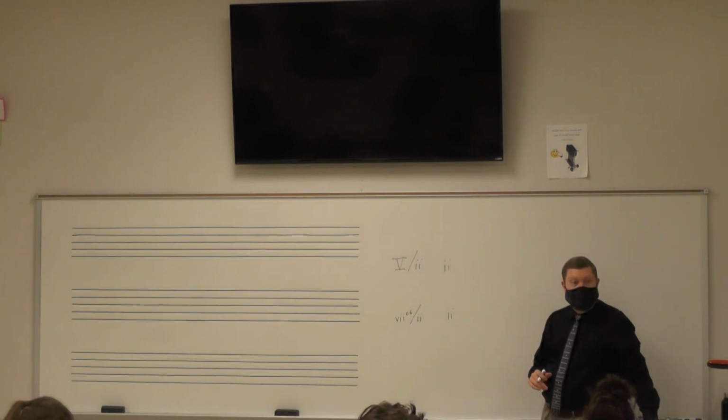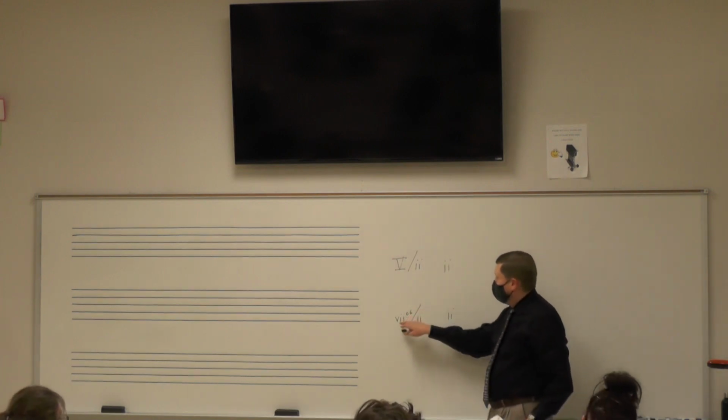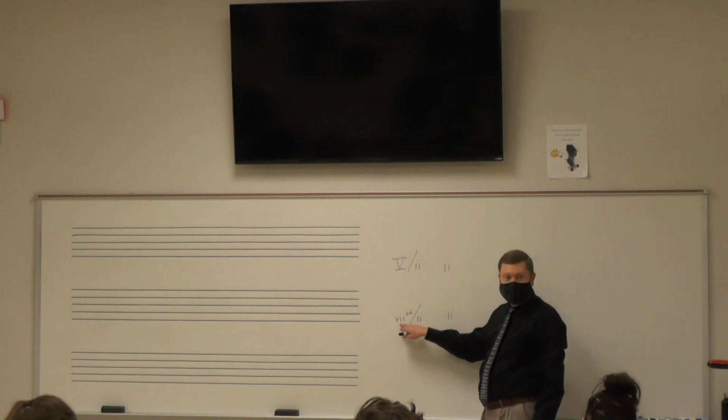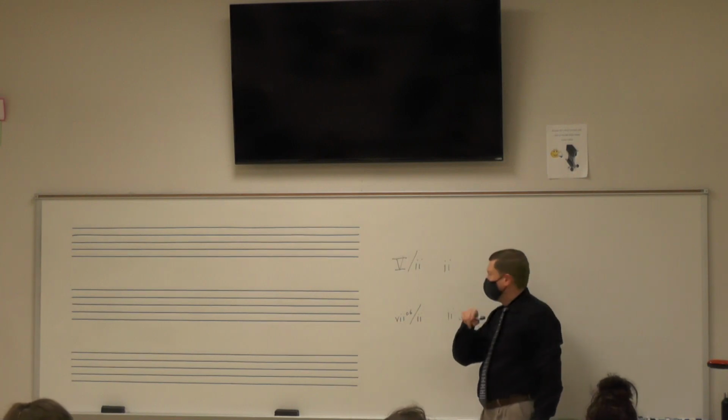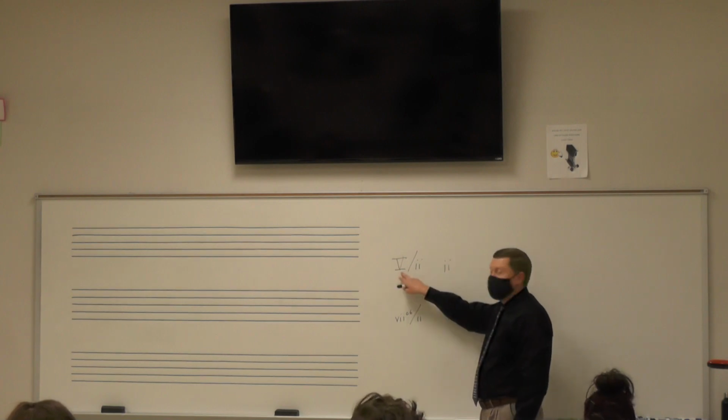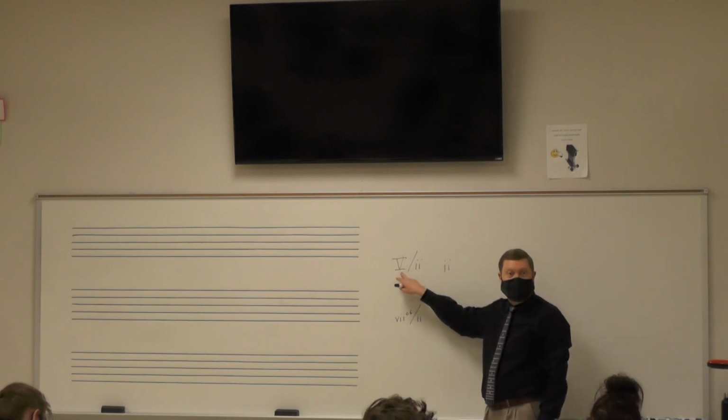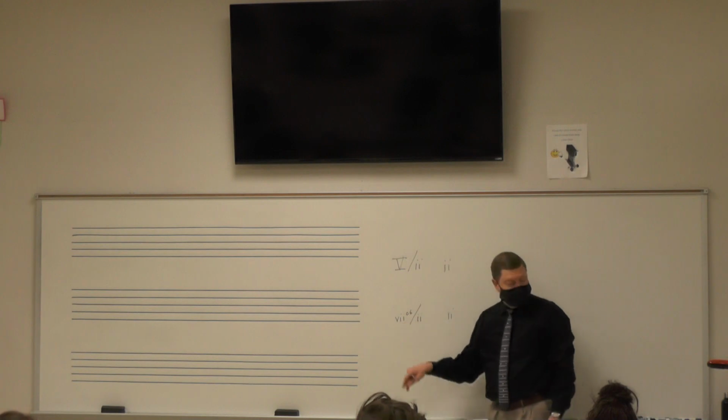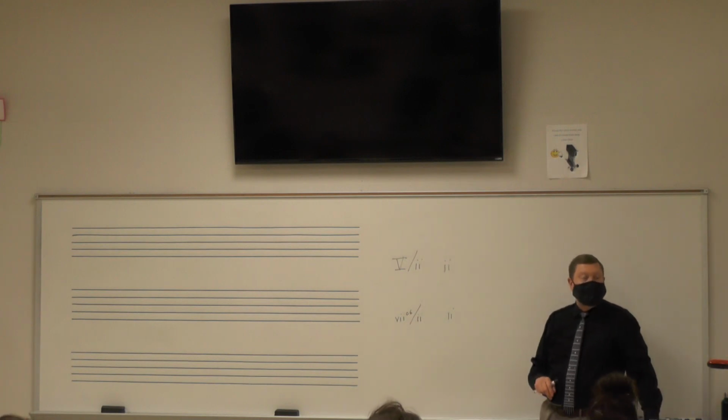The reason we can have that is because the 7 chord has dominant function. If we go back to our function chart from weeks and weeks ago, the 5 chord, of course, has the strongest dominant function. But the leading tone chord, the diminished 7 chord, also has dominant function.